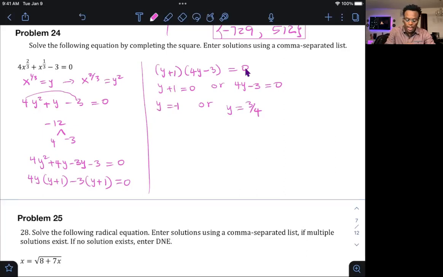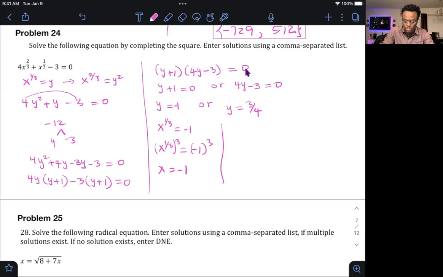And the second one, y equals 3/4. And then we go back to our previous variable, that is x. So x to the 1/3 power equals negative 1. If you raise both sides to the power 3, that cancels the power 1/3. So x exponent 1/3 to the third power, negative 1 to the third, so x equals negative 1.